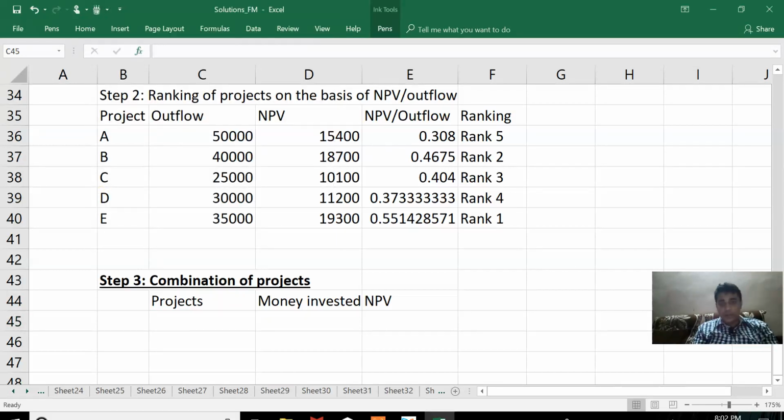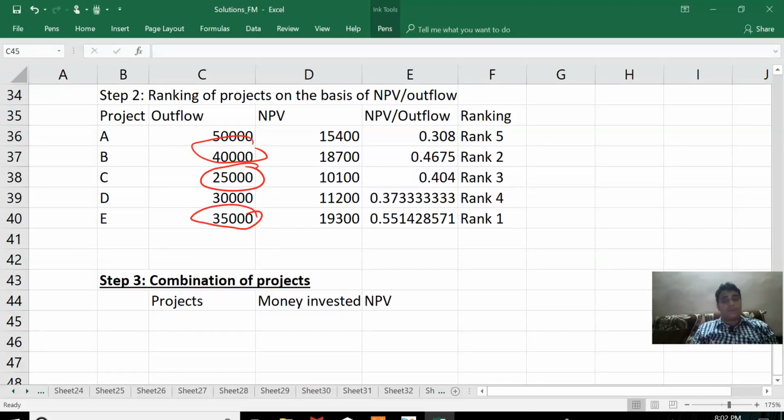Now what you will do is you will try to do various possible combinations, that is rank 1 35,000, rank 2 40,000, rank 3 25,000. With this I cannot even do rank 4 and rank 5. We cannot do any of these projects because 35 plus 25 plus 40, 1 lakh is spent.